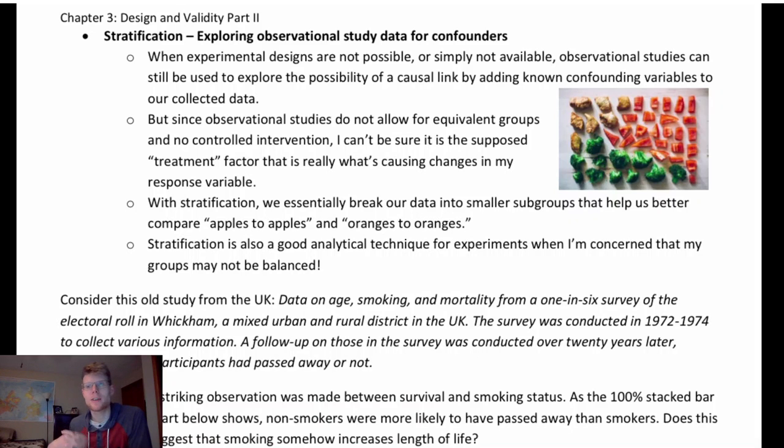But maybe I can identify smokers and non-smokers of the same general age, the same general health status, the same other characteristics. By comparing smokers and non-smokers who happen to have other shared characteristics, I am making a more apples-to-apples comparison than if I just take all the smokers versus all the non-smokers and ignore any other possible differences between these groups.